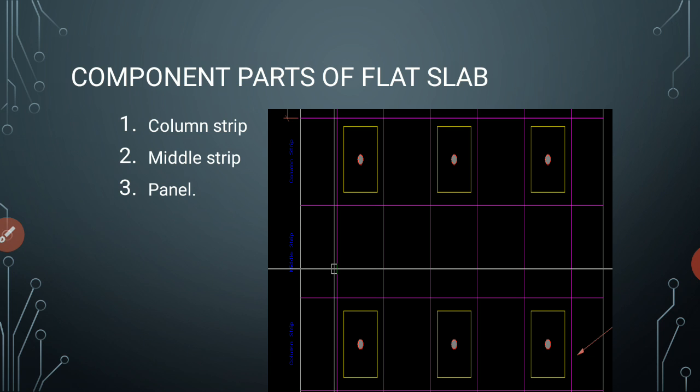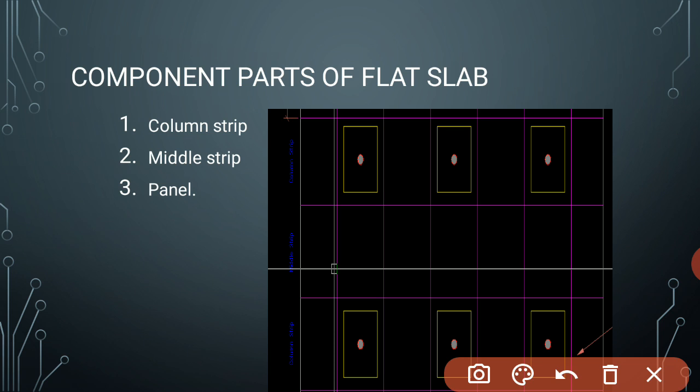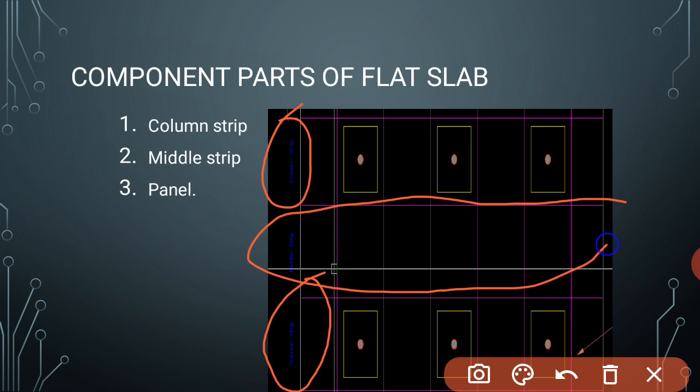So what are the component parts of the flat slab? The first one is the column strip, the second is the middle strip, and the third is the panel. This is a column strip, and the remaining part is the middle strip.